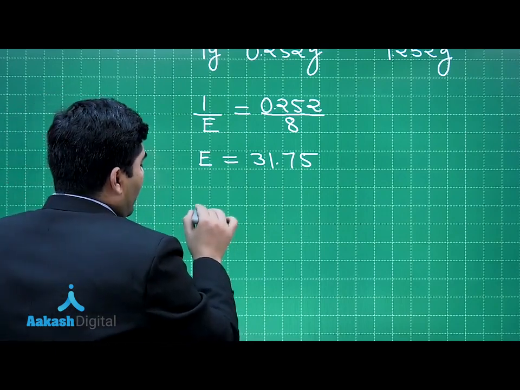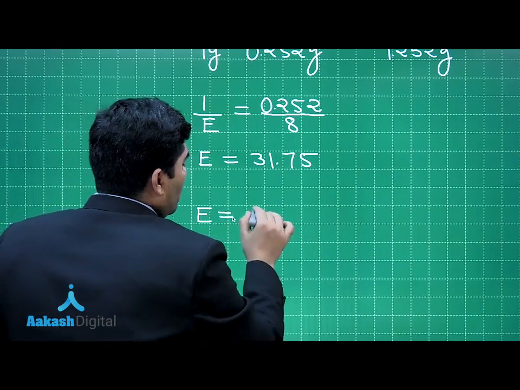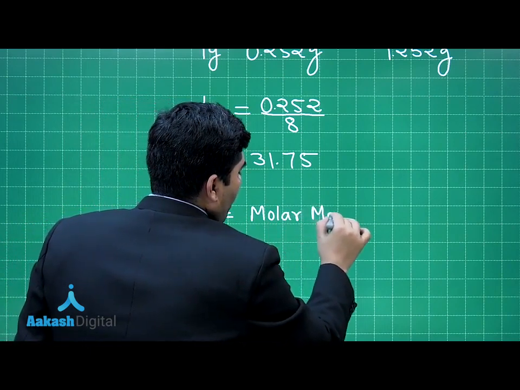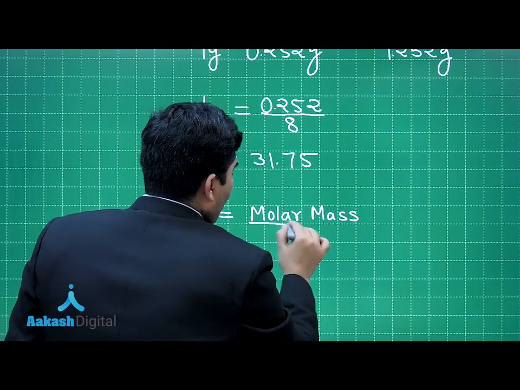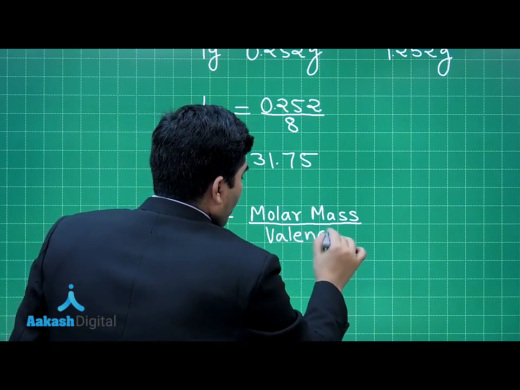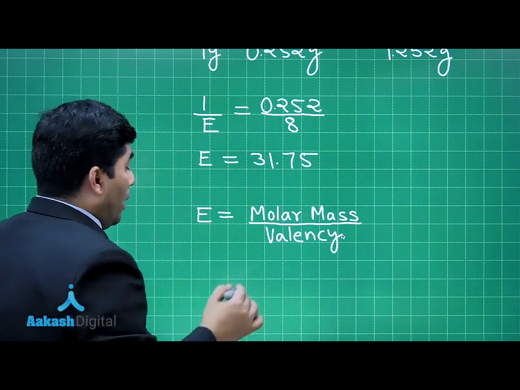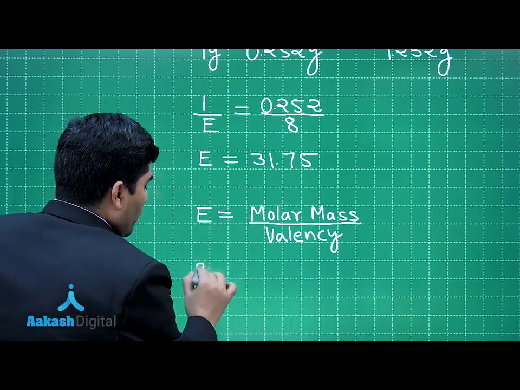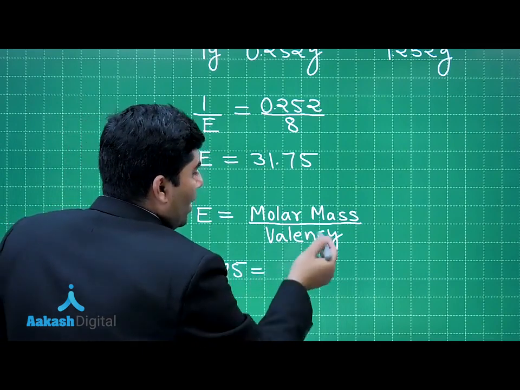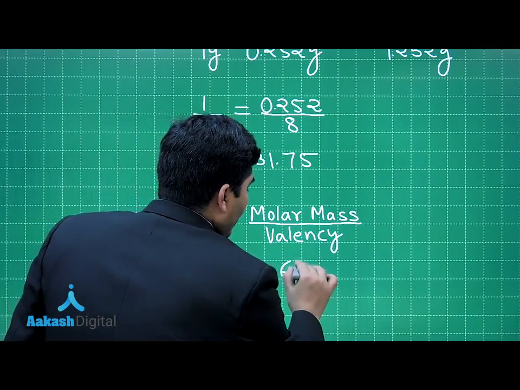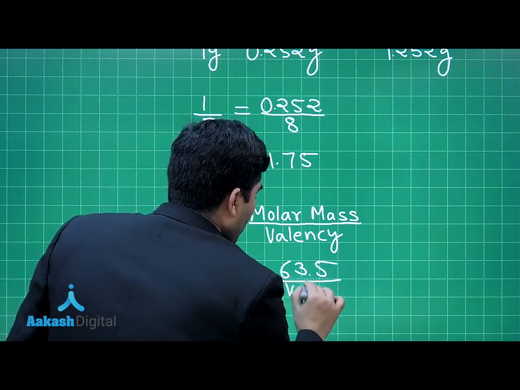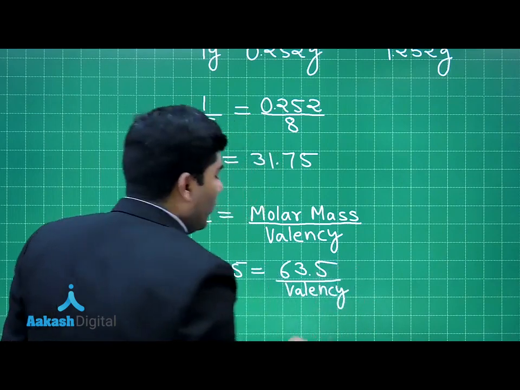So the equivalent weight E is equal to molar mass upon valency. The equivalent weight is 31.75 and the molar mass of copper is 63.5 upon valency, which we have to find out.